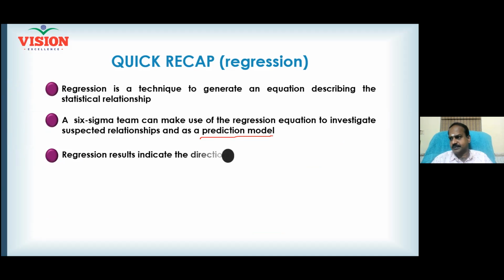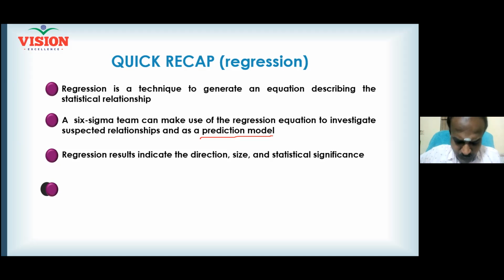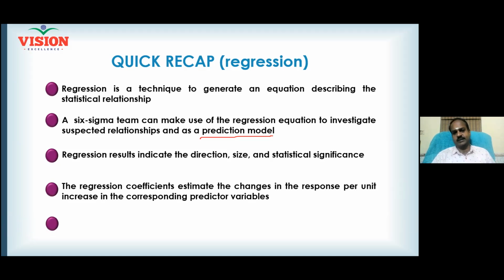Once you develop a prediction model, you can minimize your experimentation. Otherwise, every experimentation will be a costlier thing for the company. Regression results indicate the direction, size, as well as the statistical significance. The regression coefficient estimates the change in the response variable for a unit increase in the predictor variable.